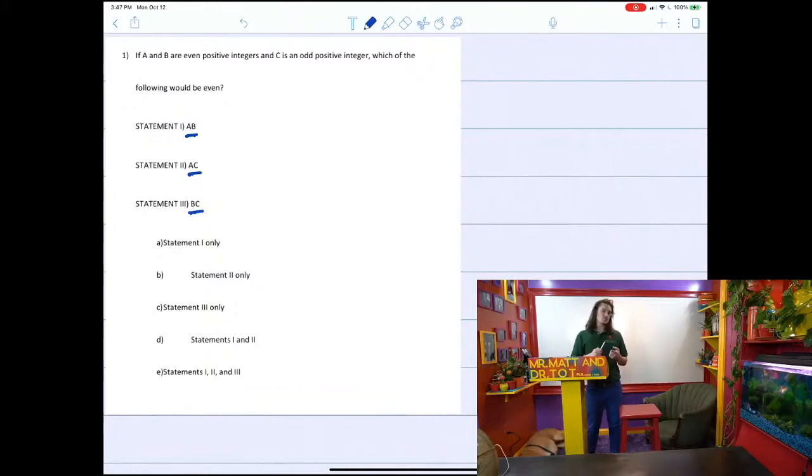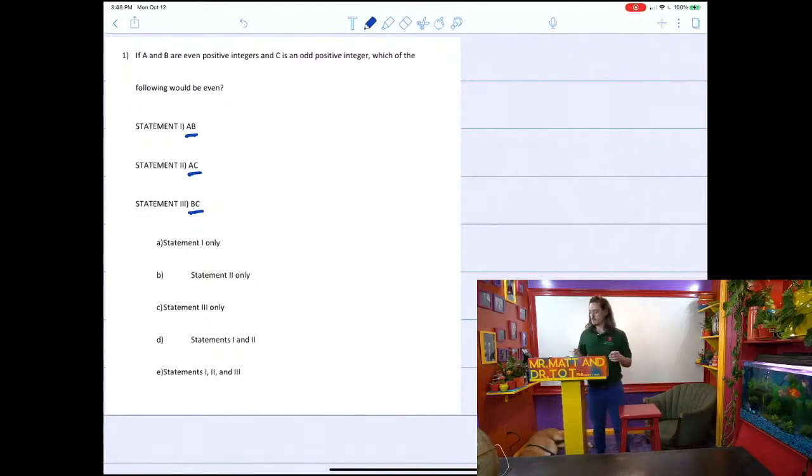Substitution you can always use by first identifying the domain of the values they're talking about. Here they're talking about the variables a, b, and c. So identify the domain of these values, or the acceptable values that they can obtain.